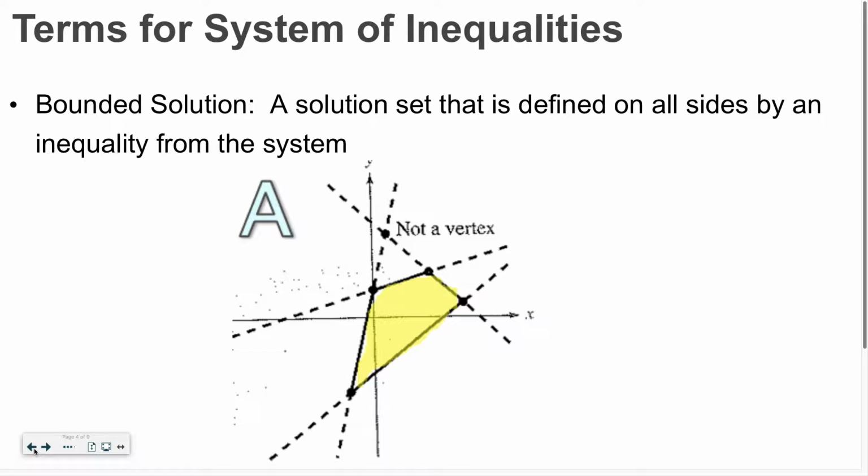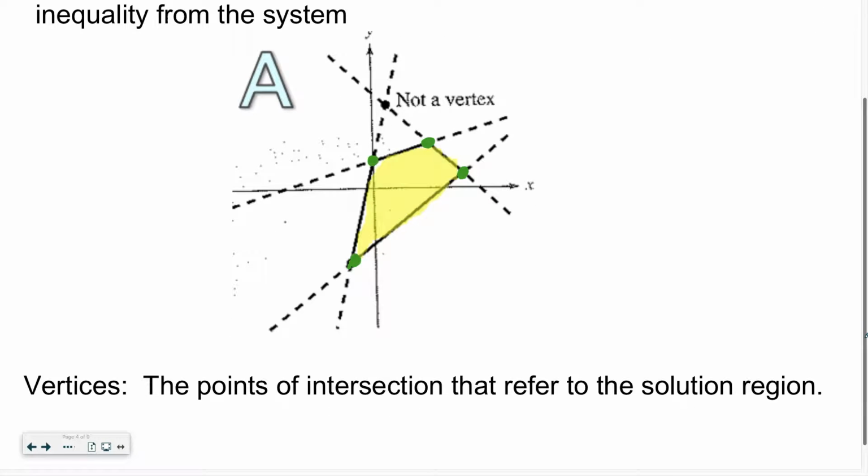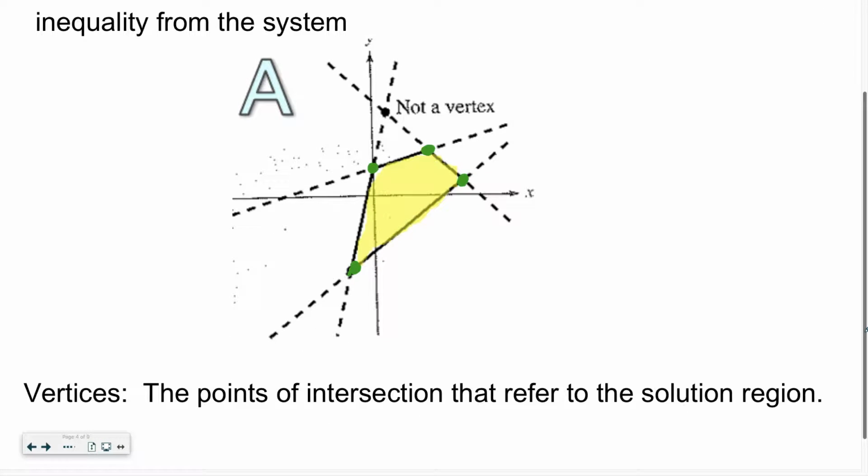What's going to be important though, do you see these coordinates right here? We call these vertex points, and you're going to actually need to find them. Okay? One vertex, plural, vertices. Okay? Vertices are the points of intersection that are bounding your shaded area.